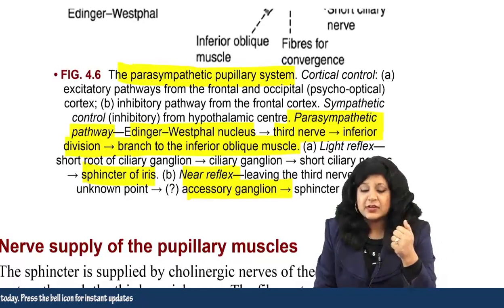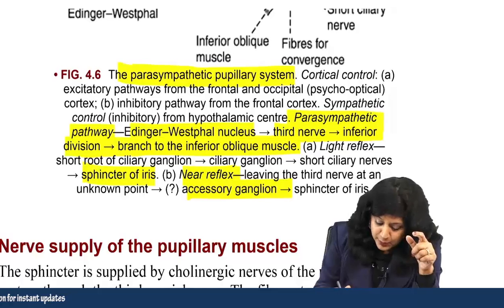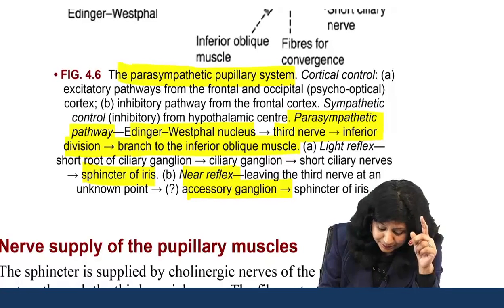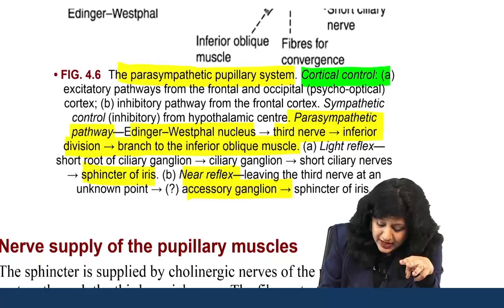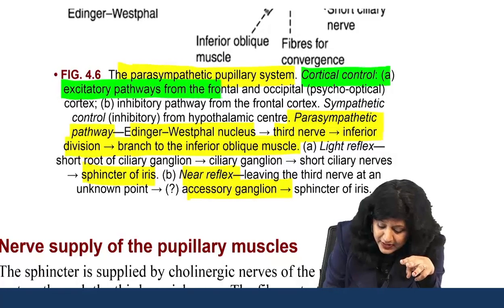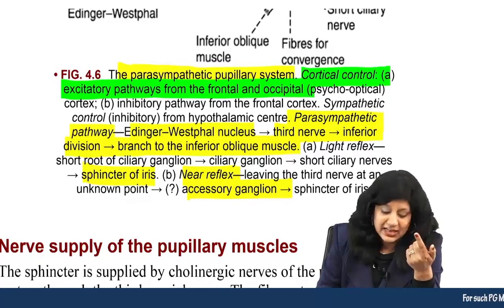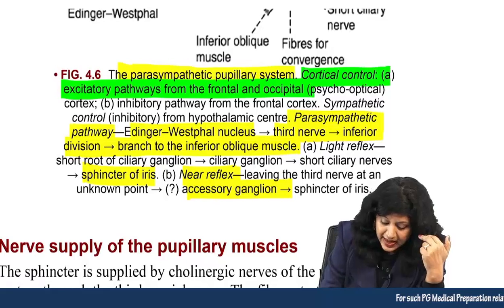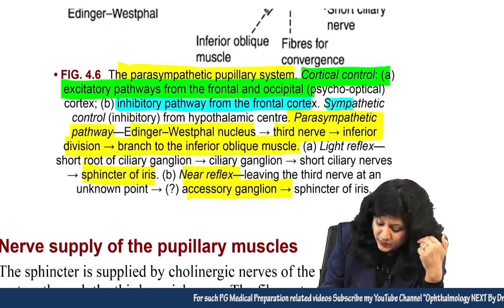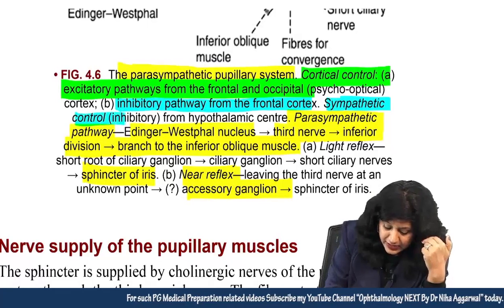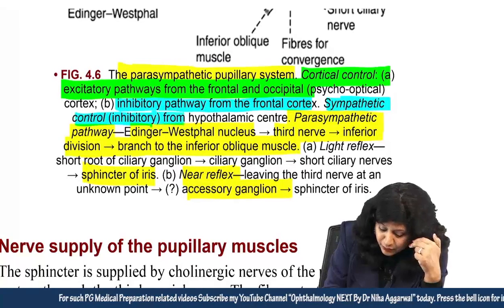Now, if you look at the parasympathetic pupillary system, we have three things here. One is your cortical control. Excitatory pathways come from the frontal as well as the occipital system. And then you also have the inhibitory pathway, going from the frontal cortex, and there is one more system called sympathetic control, inhibitory. So the inhibitory comes from the hypothalamus.